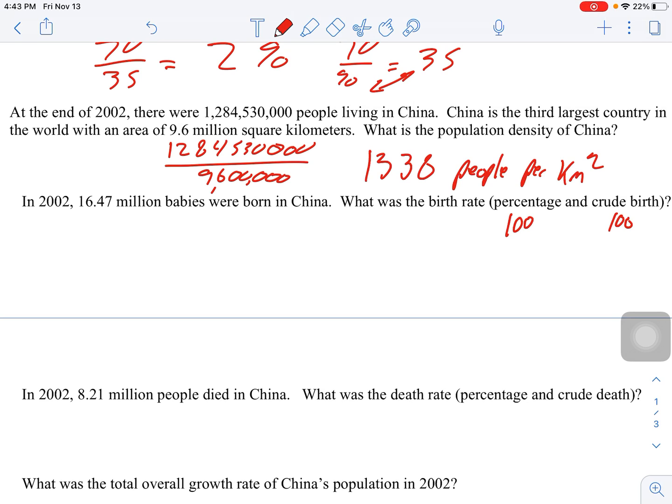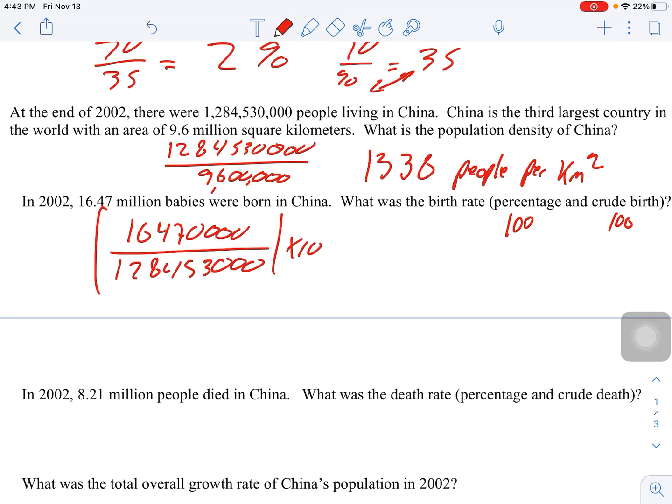We're going to take our babies, 16 point. I'm not going to do the point. 16,400,000. All right, and the population is 1, 2, 8, 4, 5, 3, 0, 0, 0. And that'll get us times 100.